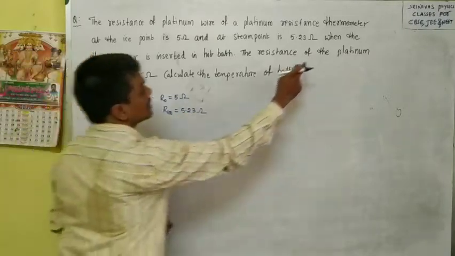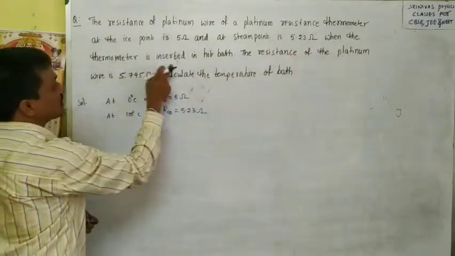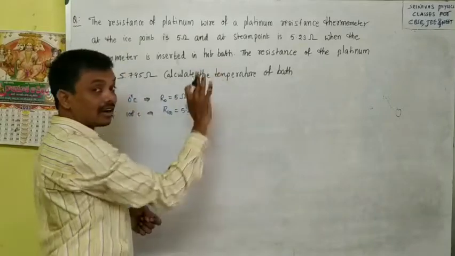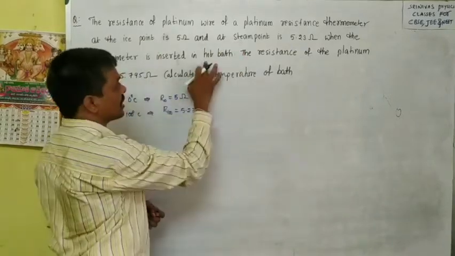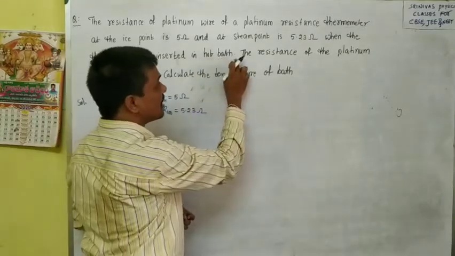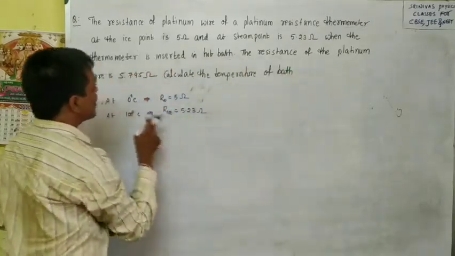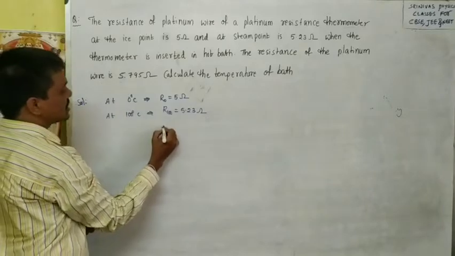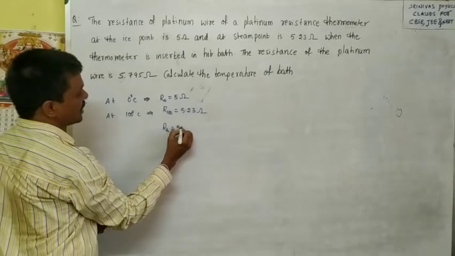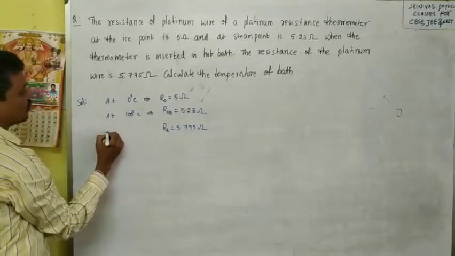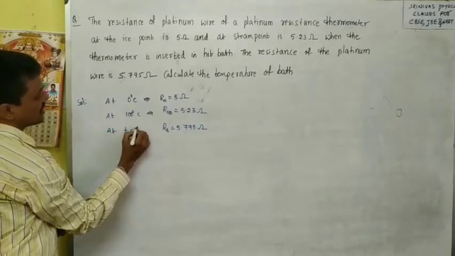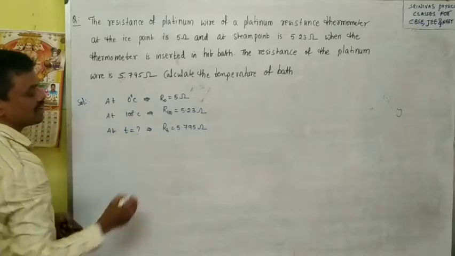Then the question is: when the resistance thermometer is placed in a hot bath, not steam, not ice, some temperature for the hot bath, the resistance of the platinum wire they gave is 5.795 ohm. At what temperature does this happen? This is our question. Very simple.